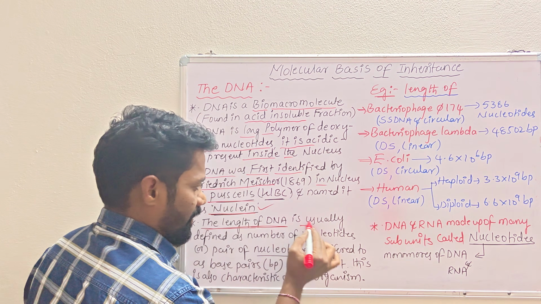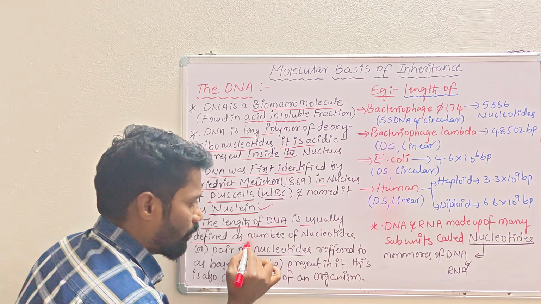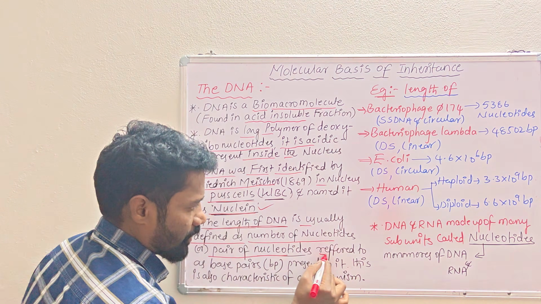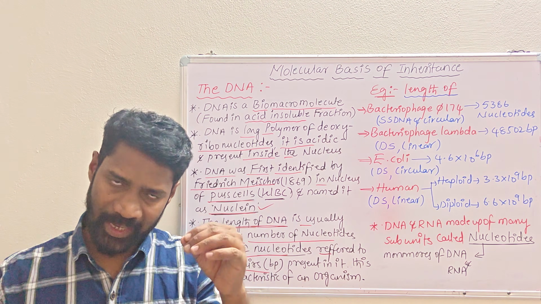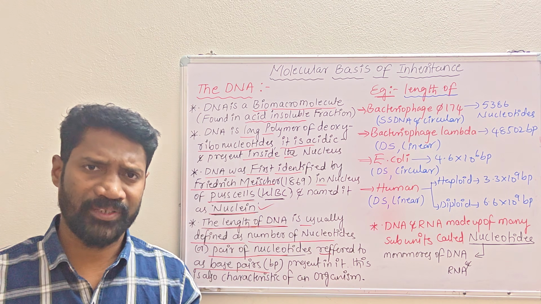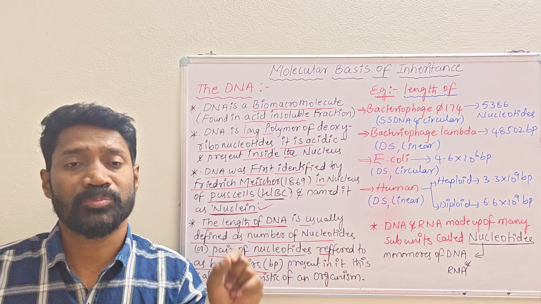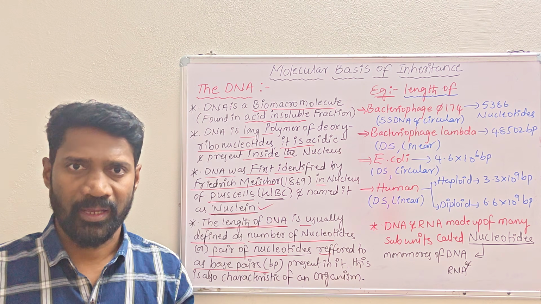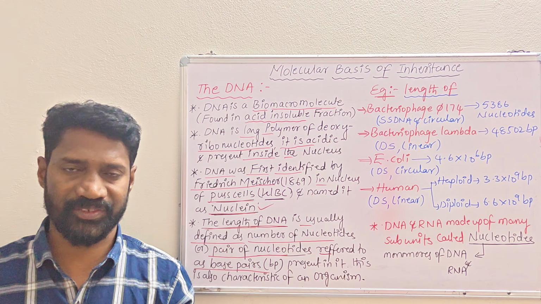The length of the DNA is usually defined as the number of nucleotides, or pairs of nucleotides, referred to as base pairs. That means in any living organism, the length of the DNA is measured as the number of nucleotides or number of nucleotide pairs, nothing but base pairs.